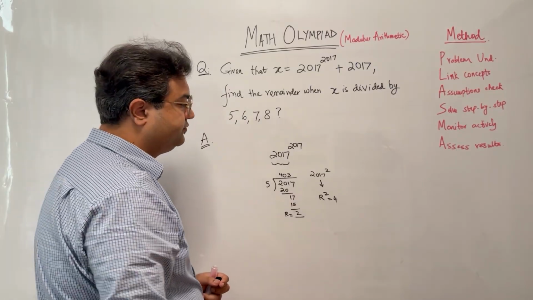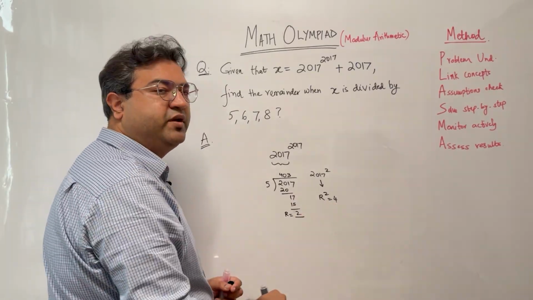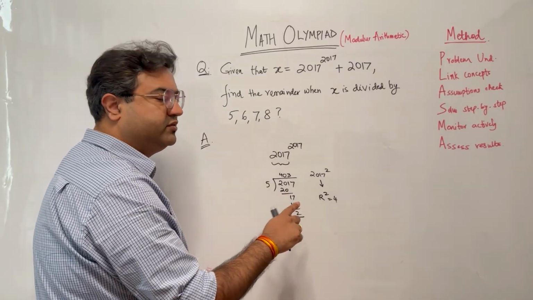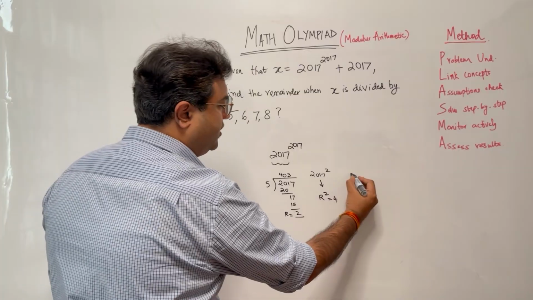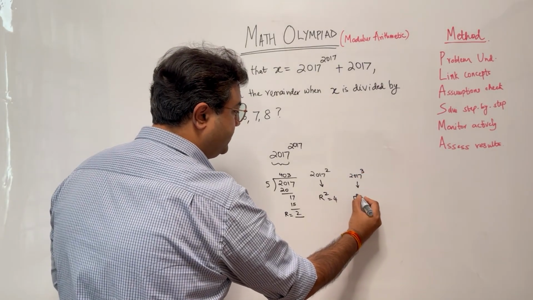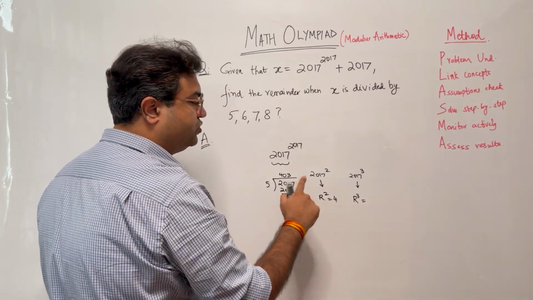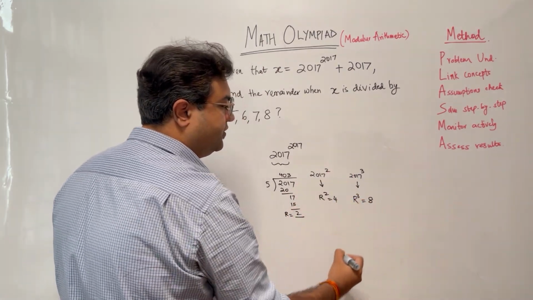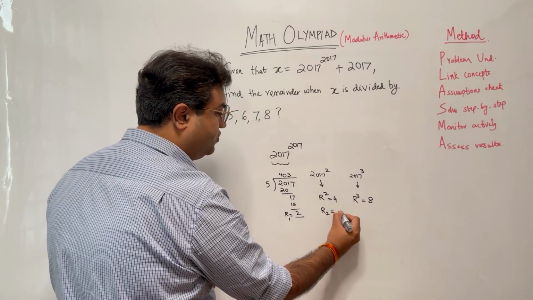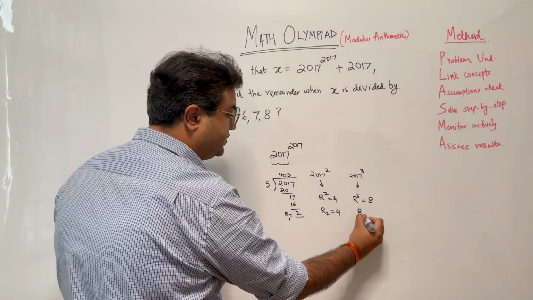Okay. When you divide this by 5, what will you get? The remainder will be 4. For 2017 cube we get r cube, so 2 cubed is 8. Here, let's say this is R1, this is R2 which is 4, and this is R3.